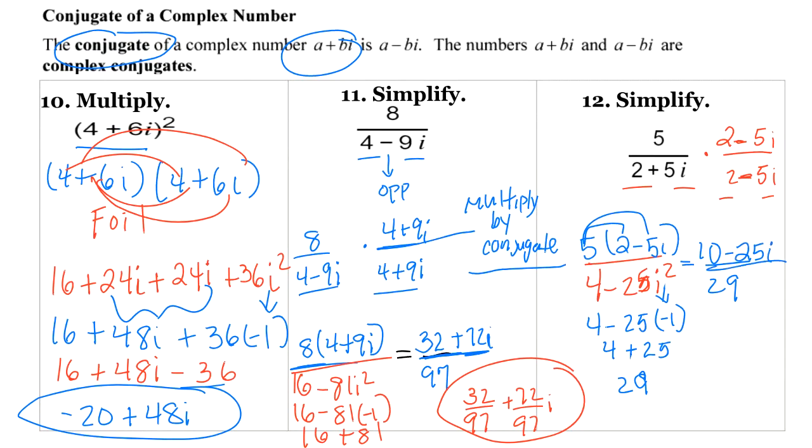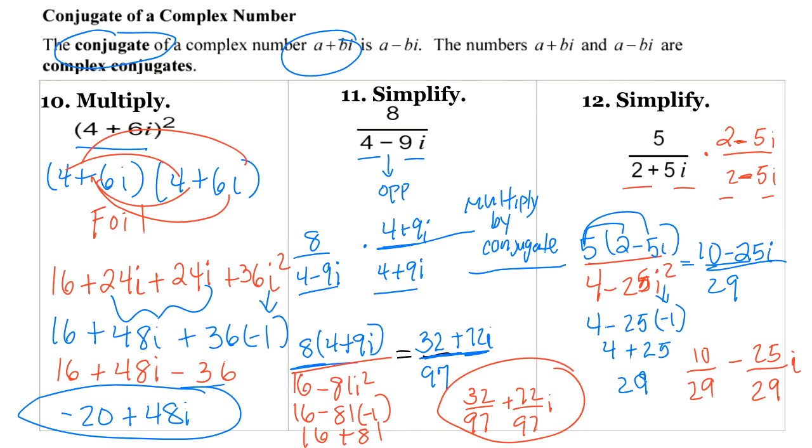And that's all I can do with the numerator. And now I just need to separate my fraction. I need my real part to be first and my imaginary part to be second. And this is the final answer.